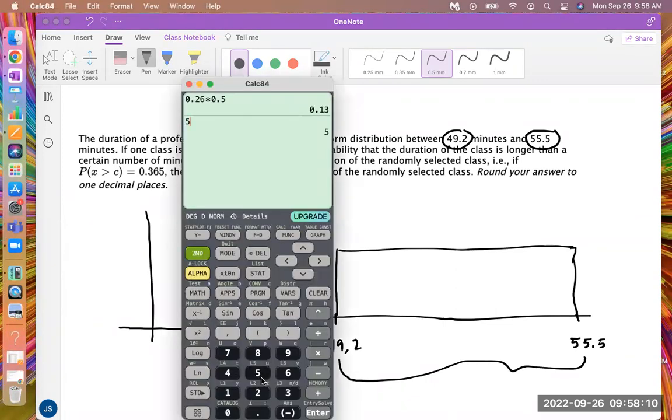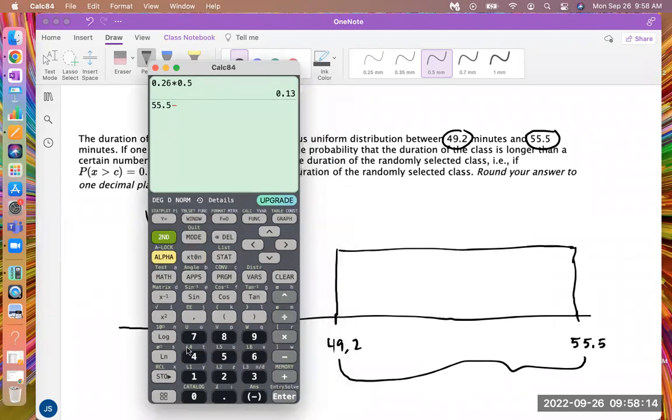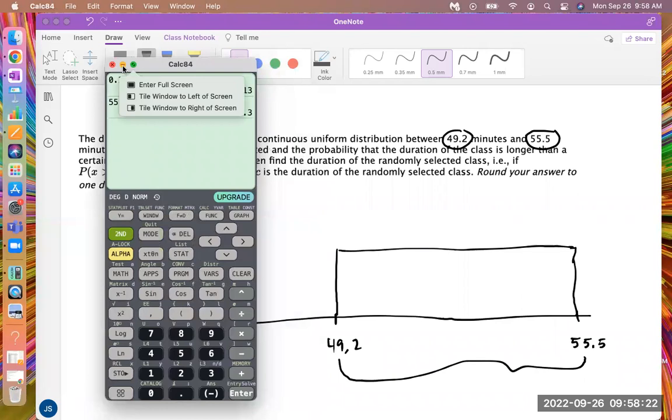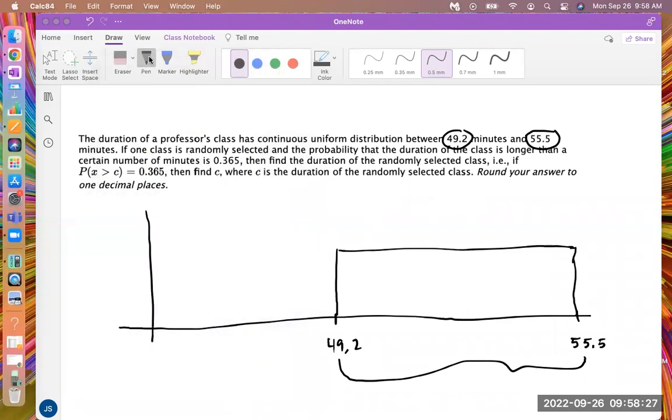It's 55.5 minus 49.2. See if I did that correctly. Okay, enter. That's 6.3. So this distance across the bottom of this uniform distribution is 6.3.